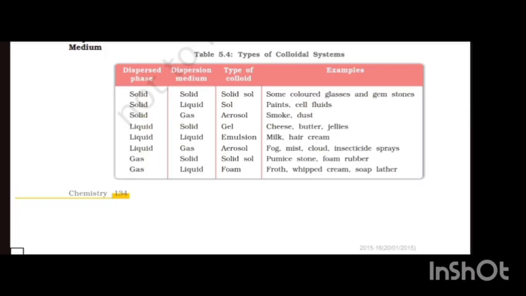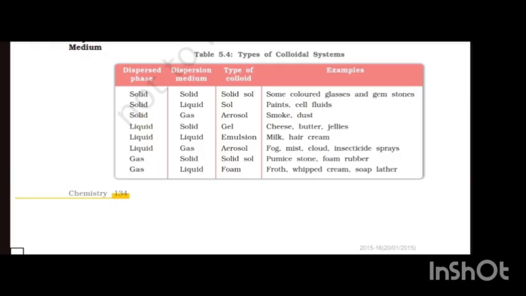Example, smoke, dust. Fourth, dispersed phase liquid, dispersion medium solid, type of colloid gel. Example, cheese, butter, jellies. Fifth, dispersed phase liquid, dispersion medium liquid, type of colloid emulsion. Example, milk, hair cream. Sixth, dispersed phase liquid, dispersion medium gas, type of colloid aerosol.